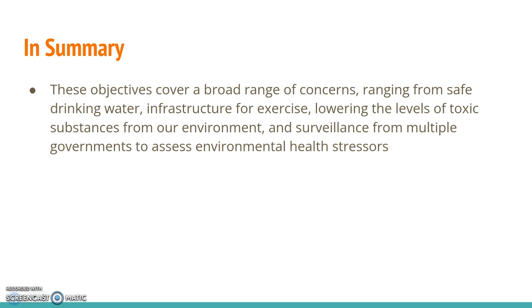So in summary, these objectives cover a broad range of concerns ranging from safe drinking water, infrastructure for exercise, lowering the levels of toxic substances in our environment that we may be subjected to, and surveillance from multiple governments to assess environmental health stressors.